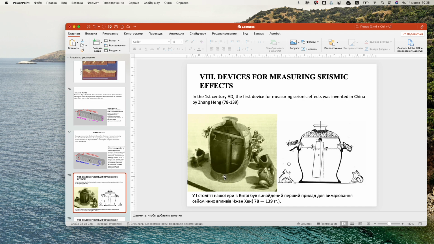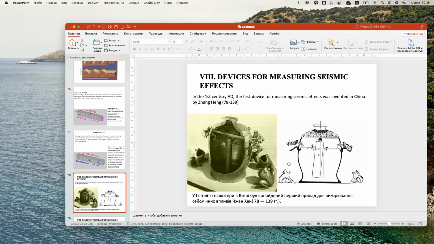Here you can see the hanging element, and when an earthquake starts, this element starts to move, and depending on the direction of the earthquake, this hanging element moves in this direction or in this direction or in this direction.